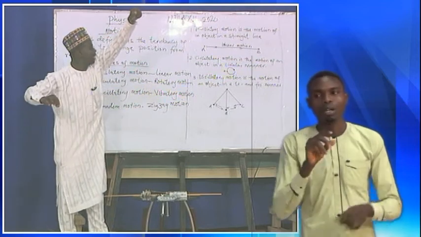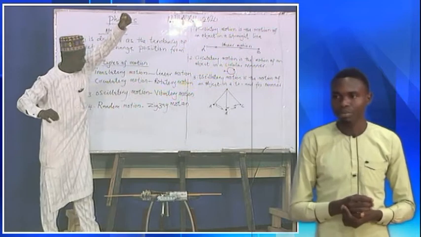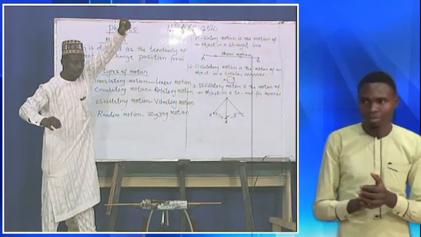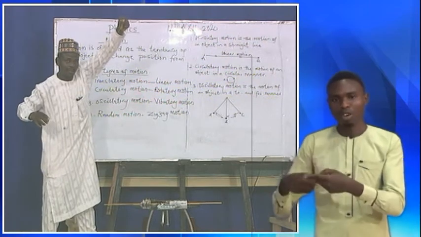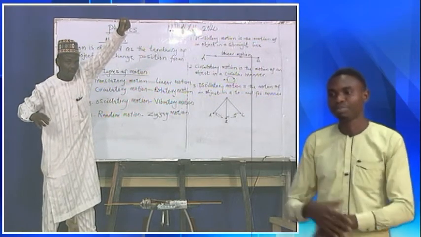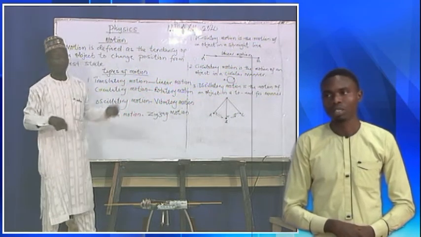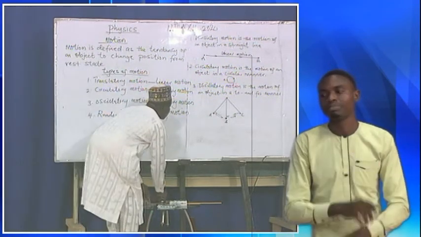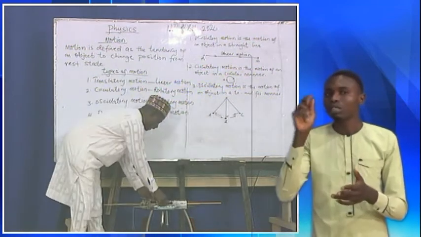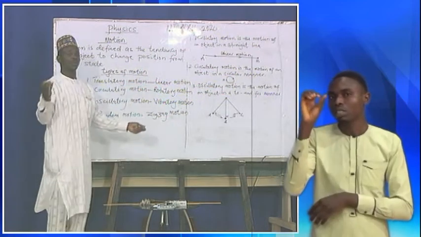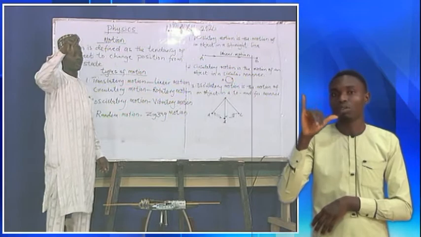But let's say this is position A. I'm releasing this to go to position B and C, and then coming back to position A. Go to and fro, motion of an object. This is an example of what? Oscillatory motion.